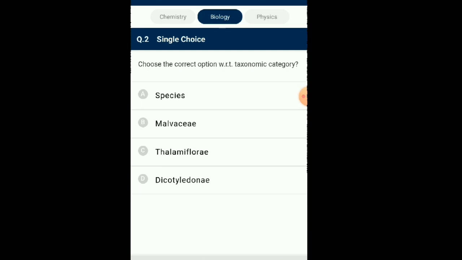The placement of organisms in taxonomic categories is determined by their similar characters, dissimilarities, complexity, and evolutionary relationship. So the answer for this question is option A, species.